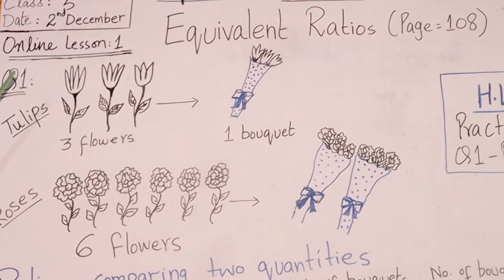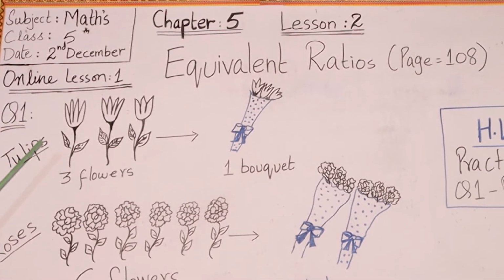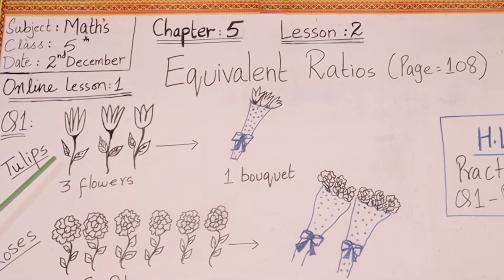Let's say we have an example where we have 3 tulips and 6 roses, and we prepare bouquets using 3 flowers in each bouquet.